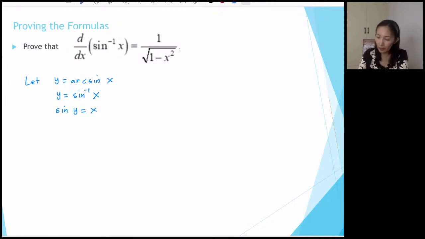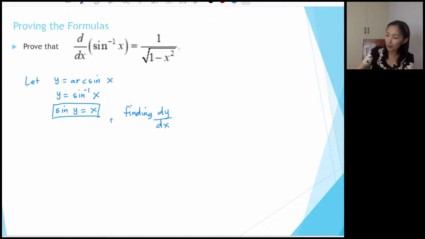So looking at this, sine y is equal to x. We will now apply implicit differentiation by finding dy over dx.